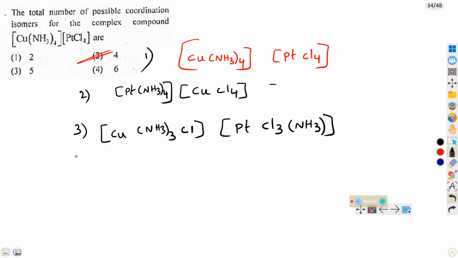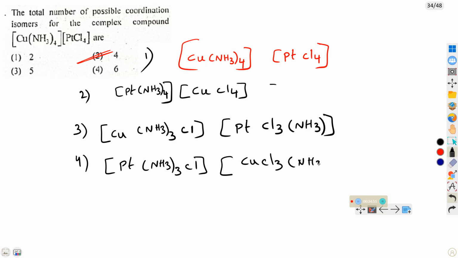Again exchange the ligands, then [Pt(NH3)3Cl][CuCl3NH3]. So possible number of isomers is equal to 4.